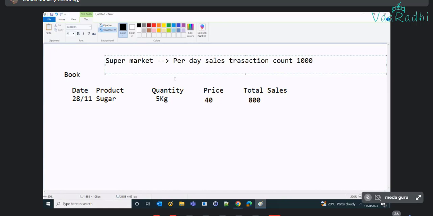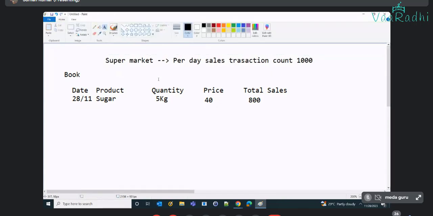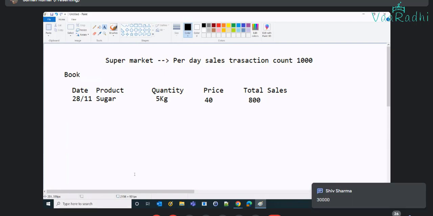Now for a 30 days period, how many transactions will happen, guys? How many transactions do you need to record in your big book which you maintain to track all the sales? Per day sales transaction count is 1000, and if you have a month of 30 days, what will be the entire month's sales transactions that need to be recorded? 30,000.